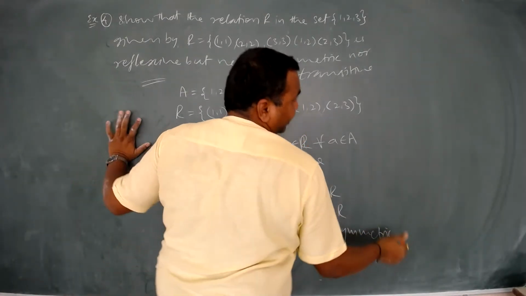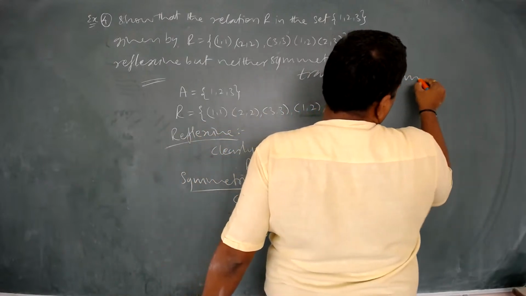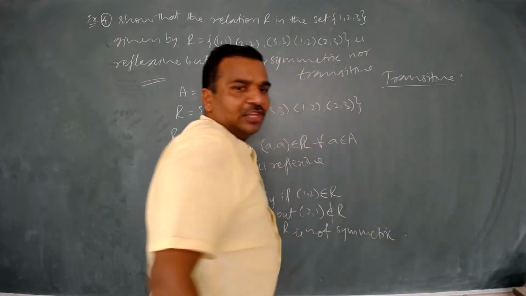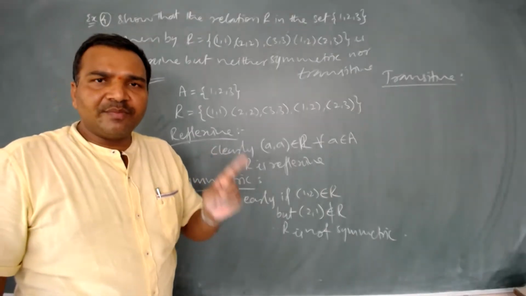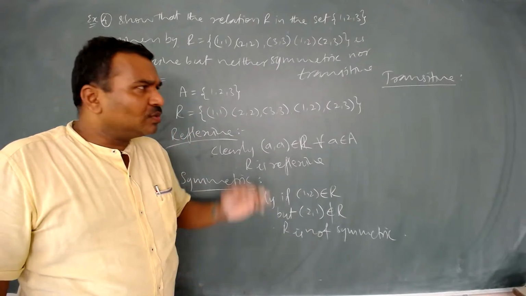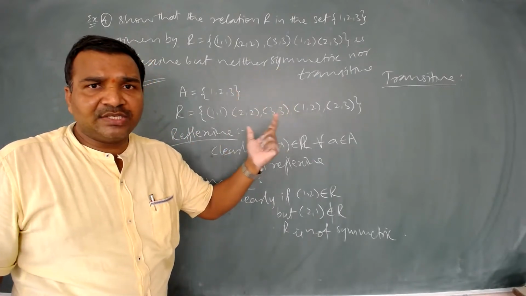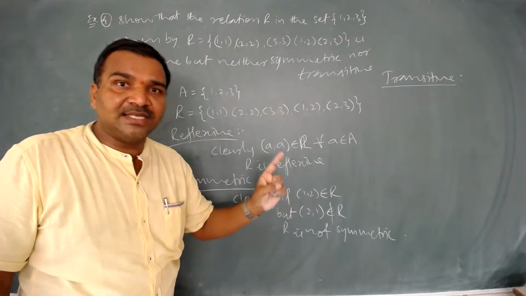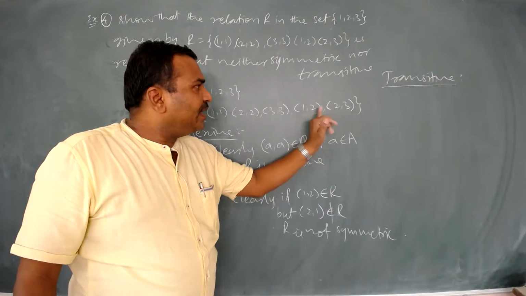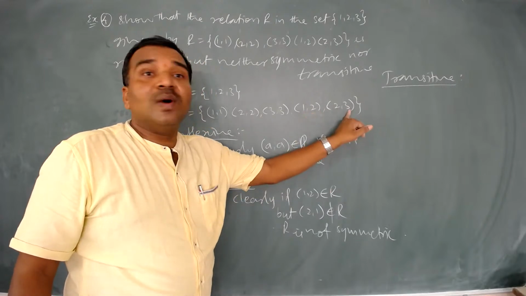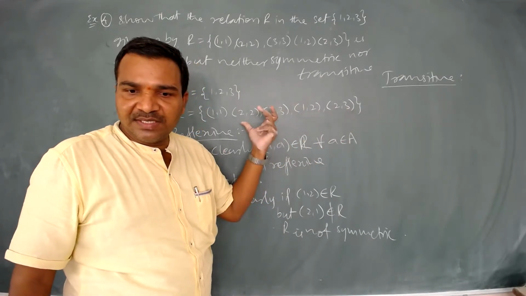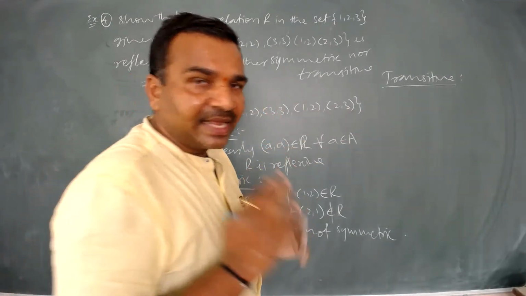It is not symmetric. Go for transitive. What is a transitive relation? If (a, b) belongs to R and (b, c) belongs to R, then (a, c) belongs to R. But we have to prove it is not transitive. Not transitive means we have to give one example. See that one. (1,2) is there, (2,3) is there. (a, b), (b, c). What is (a, c)? (1,3). (1,3) is not there, right? So it is not transitive.